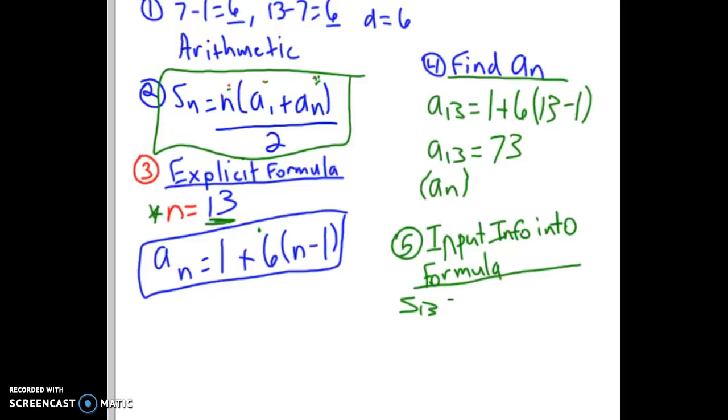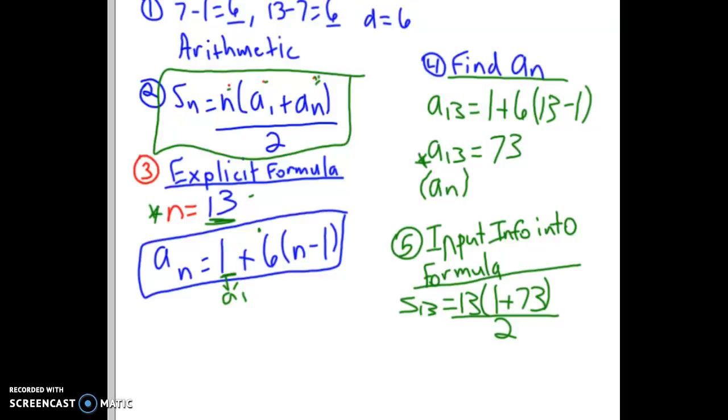S of 13 equals my n, 13, times my a sub 1, which I got from the first term in the sequence, 1, plus a sub n, which is 73, all over 2.